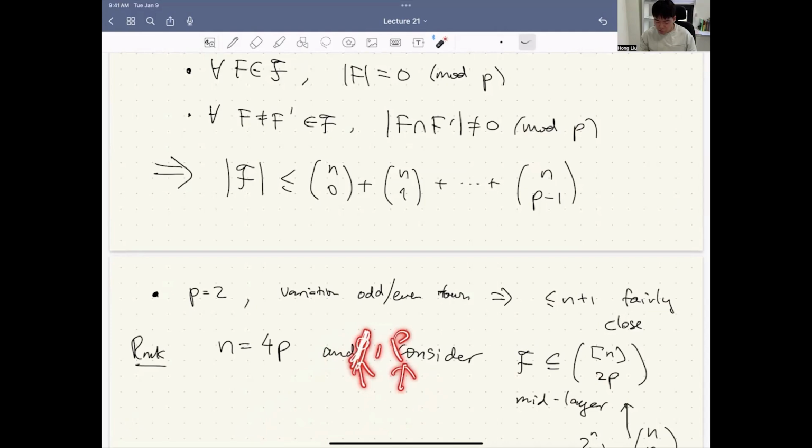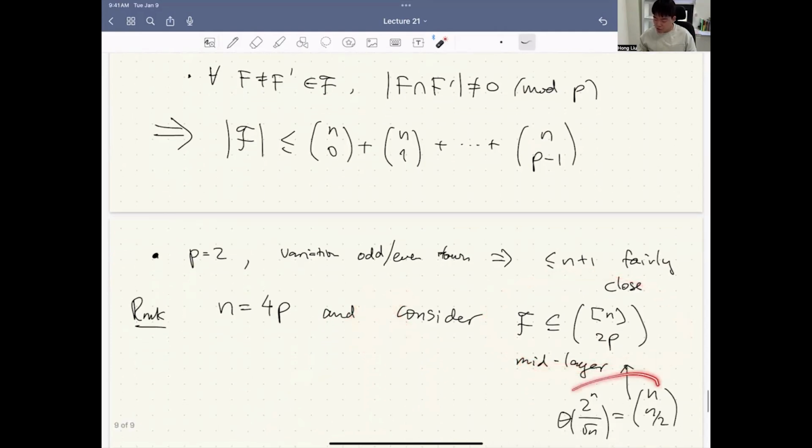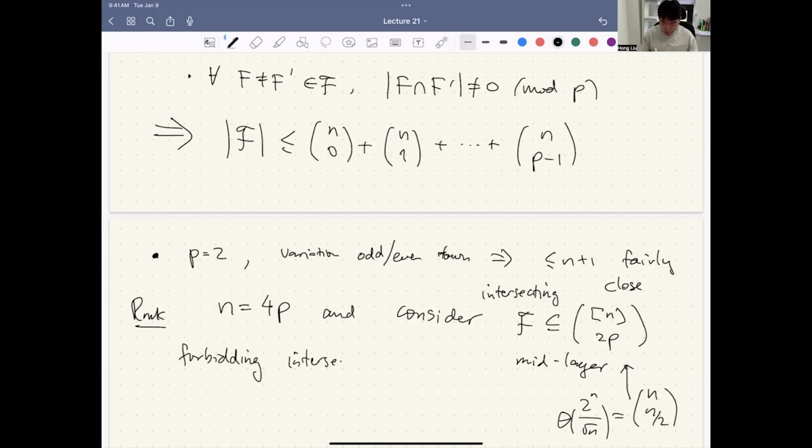Actually, we can forbid 0 easily. Just take an intersecting one here. And by Erdős-Ko-Rado, consider an intersecting family F in here. Then we are only forbidding intersection size P.